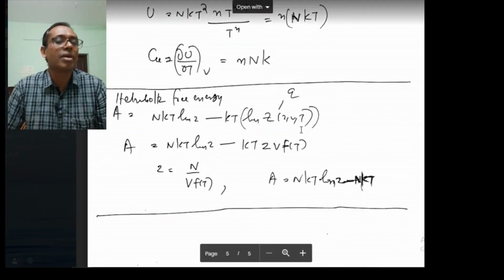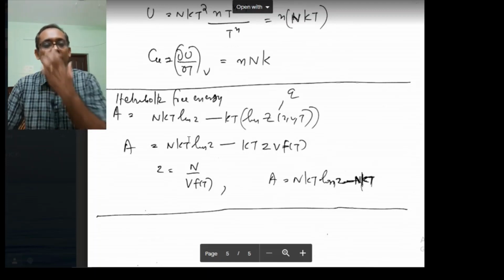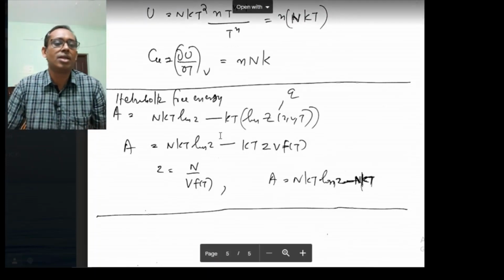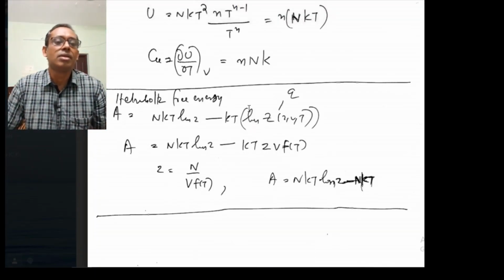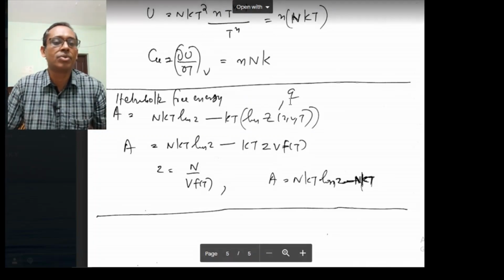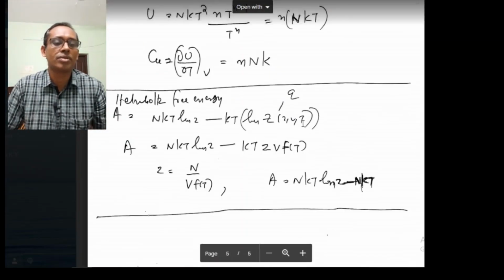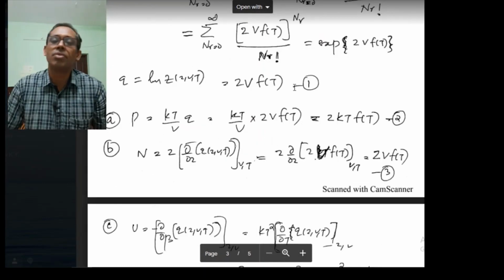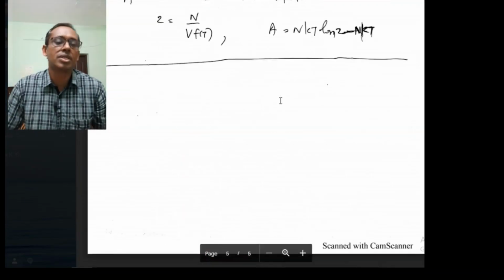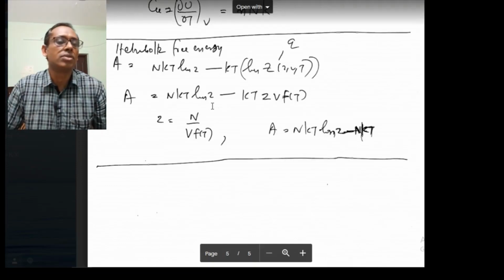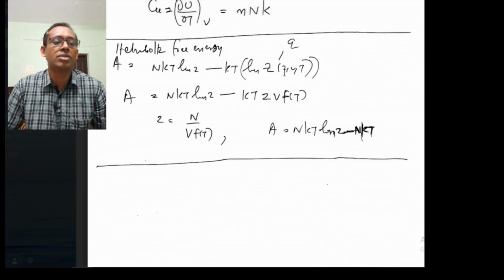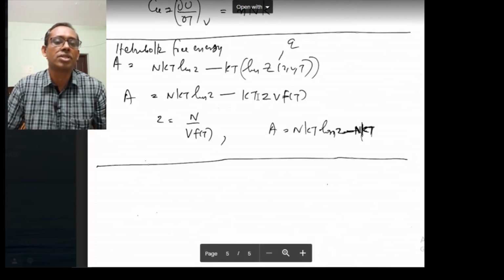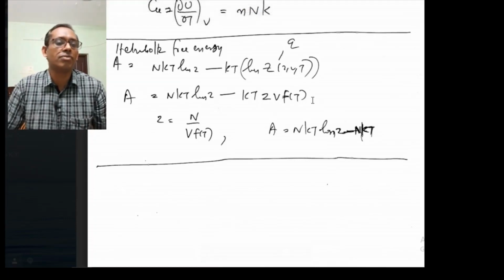Now the Helmholtz free energy. Helmholtz free energy is NkT log z minus kT times the log of the grand partition function, which is basically the Q potential. For the Q potential, I am substituting zVf(t). So this will be NkT log z minus kT times zVf(t).